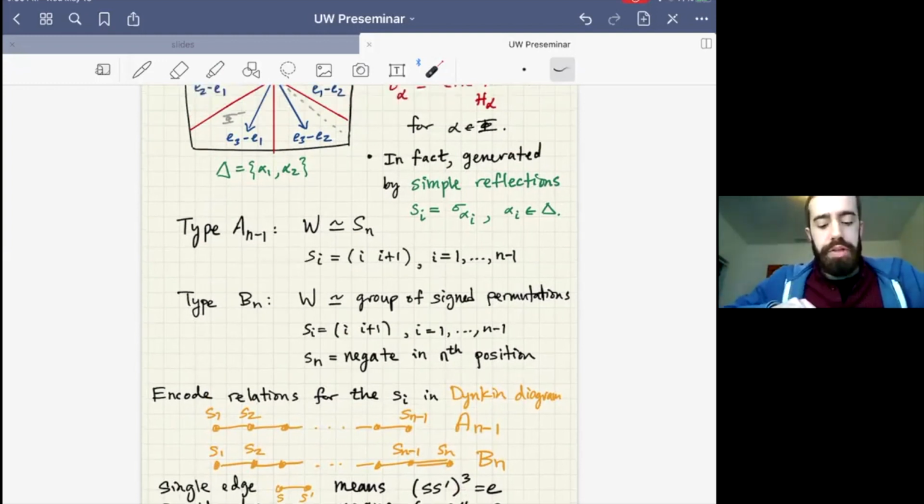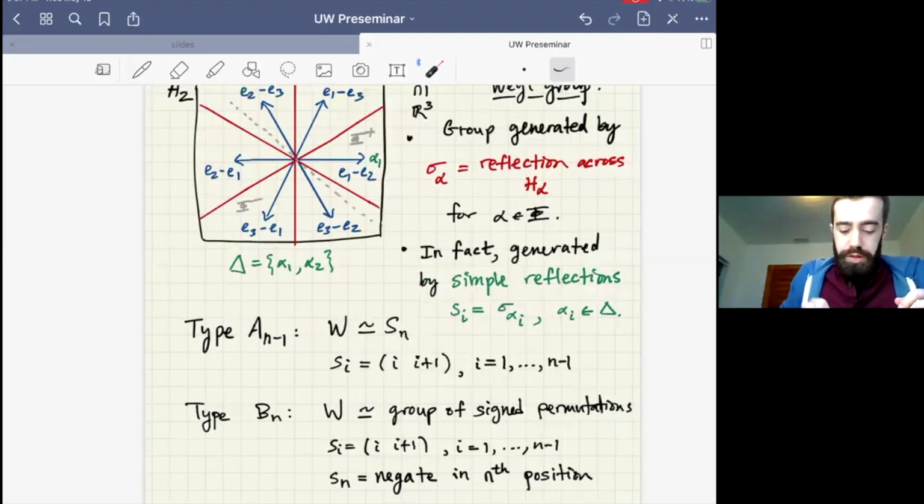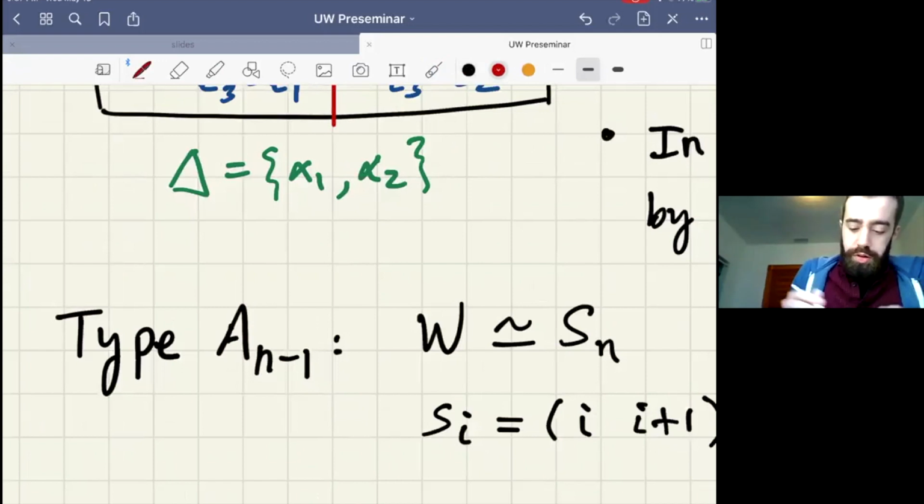Sure. So there is a poset for which the simple roots are the minimal elements. It's called the root poset. That's a good question. So as a little aside, we can define a poset.